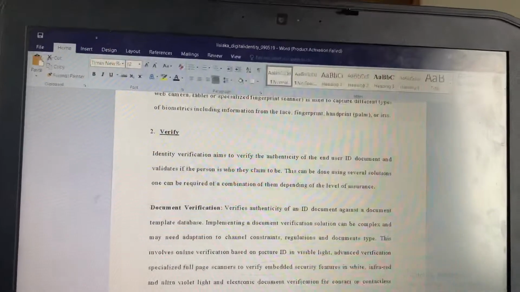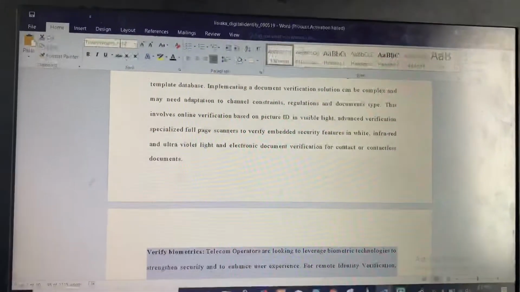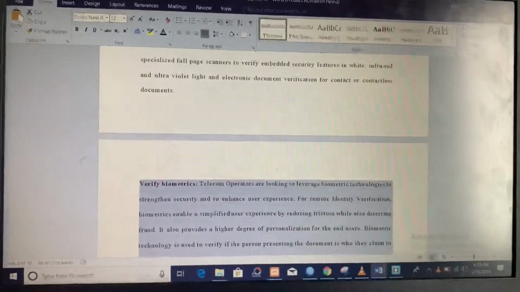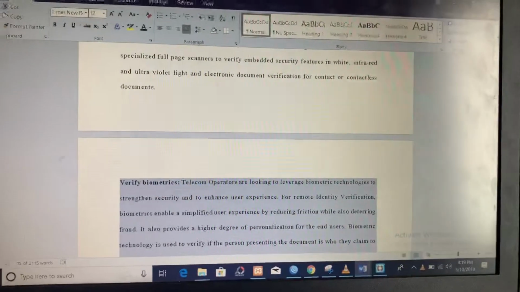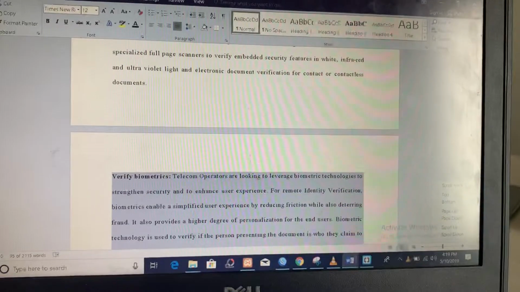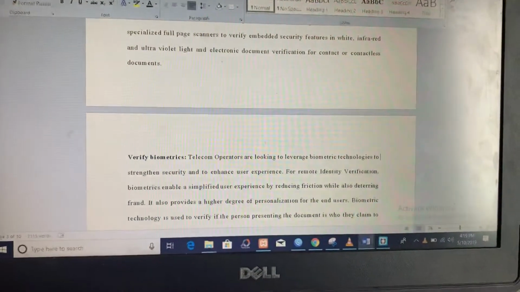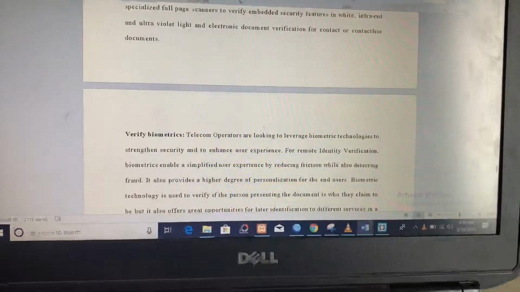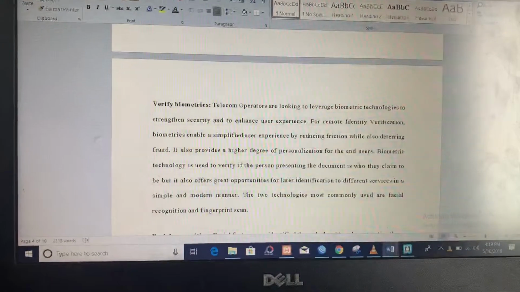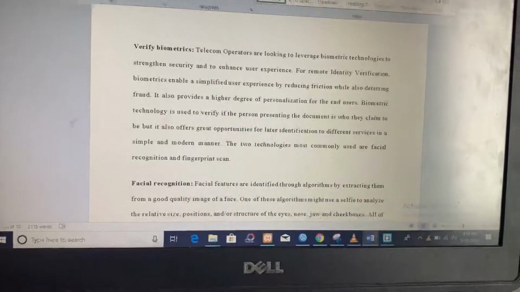We can also verify using document verification, such as what we have from Uber and Lyft, where when you get into the car, Uber wants you to put your face on the camera so they can verify you're actually the driver that should be driving the passenger. Because we now have security breaches where people pose as the actual drivers and commit different crimes.